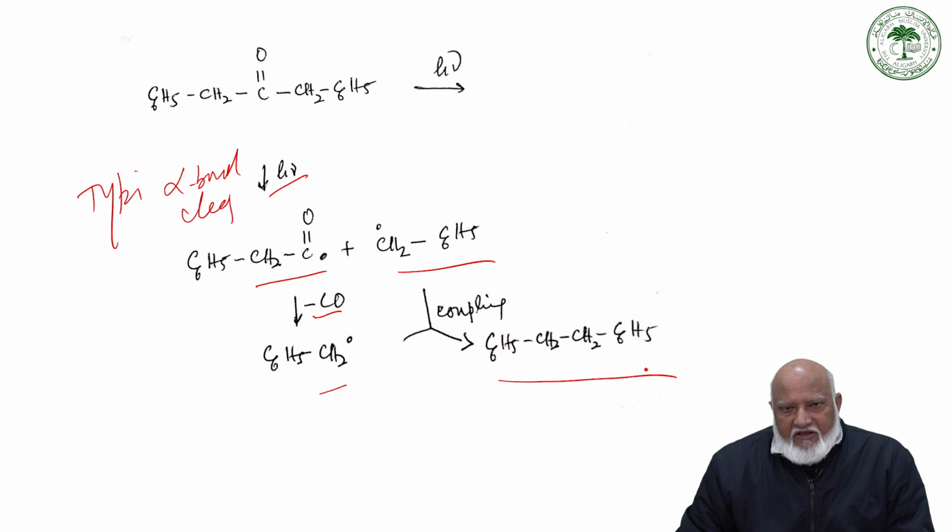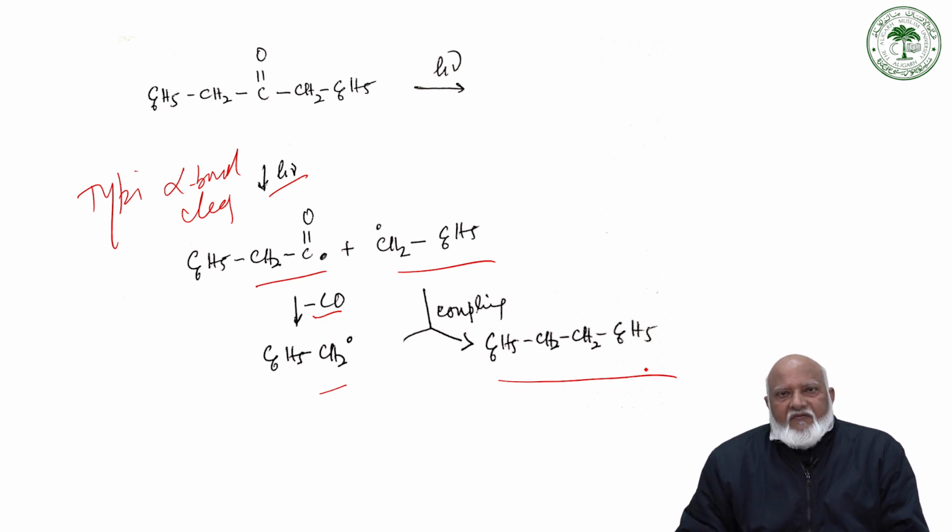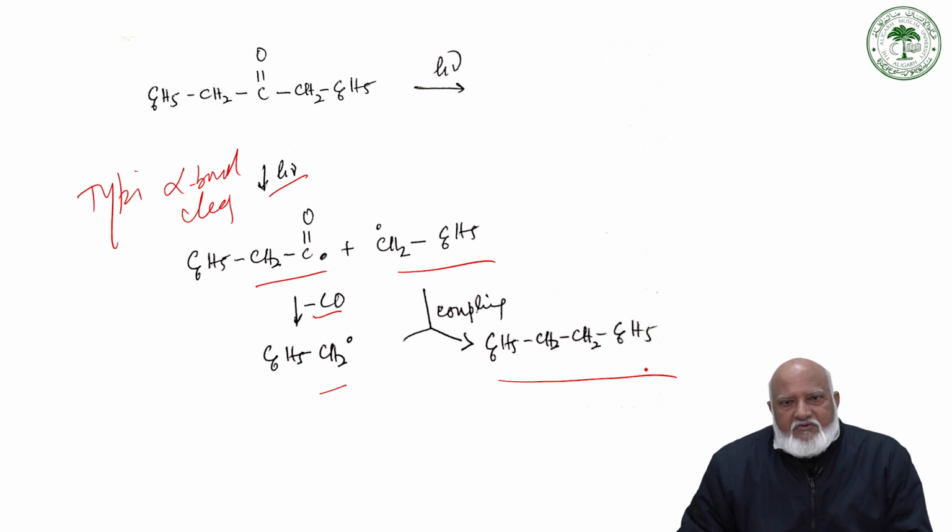So these are a few examples of aliphatic aldehydes and aliphatic ketones.